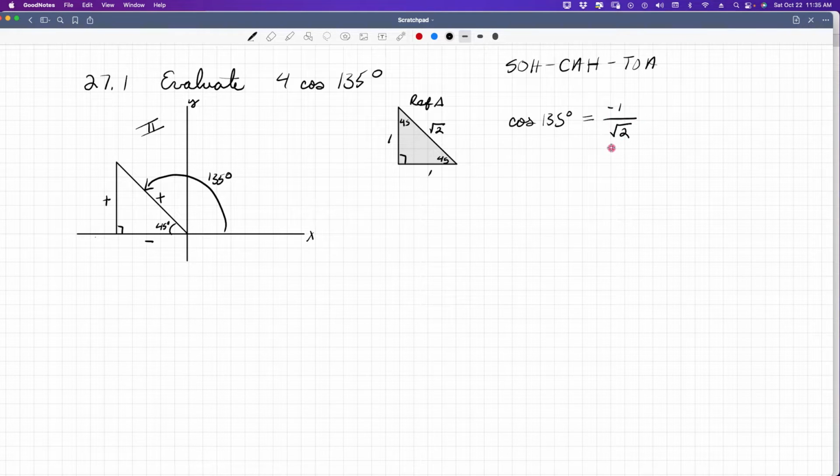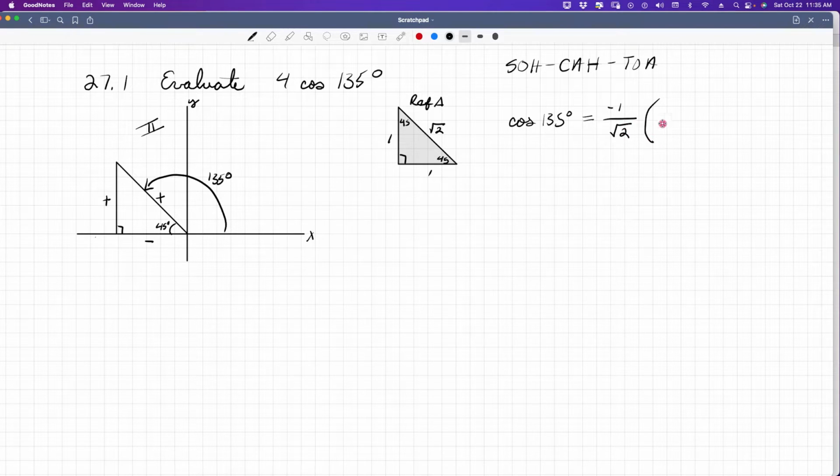Now we can't leave it like this, right? Because we have the radical in the denominator, and we want to resolve that. So what we're going to do is multiply this in order to get the cosine of 135 in a fraction that we can actually use.